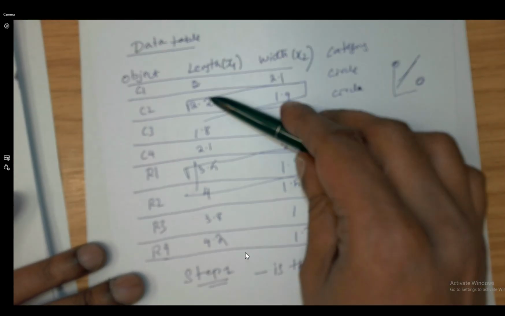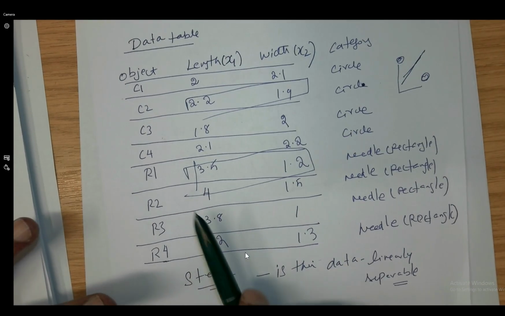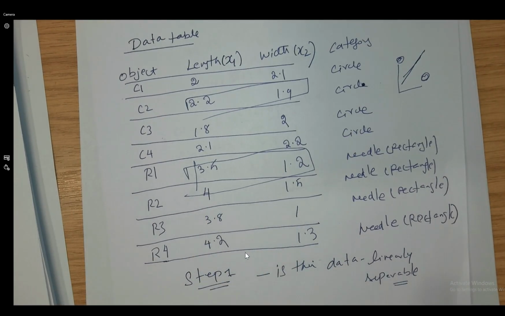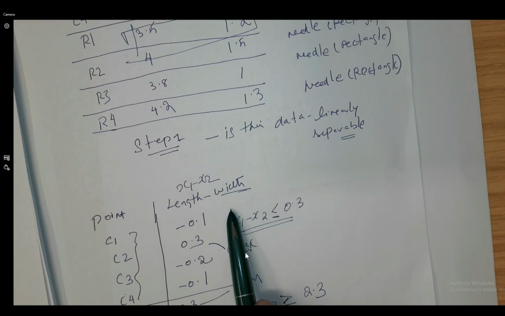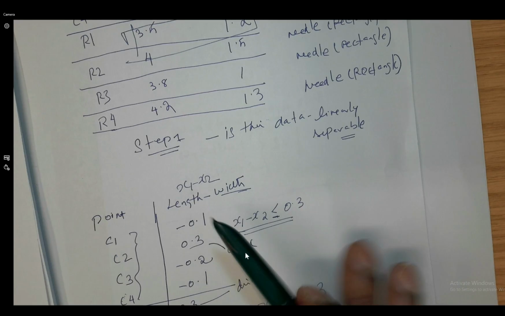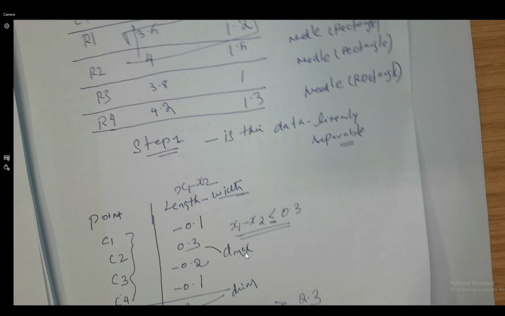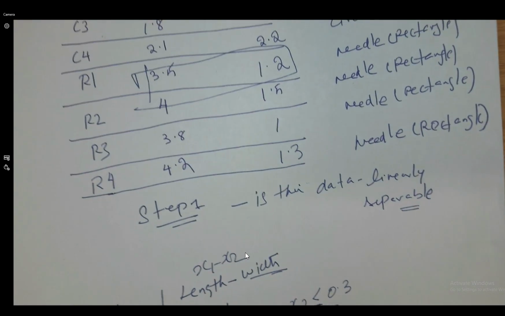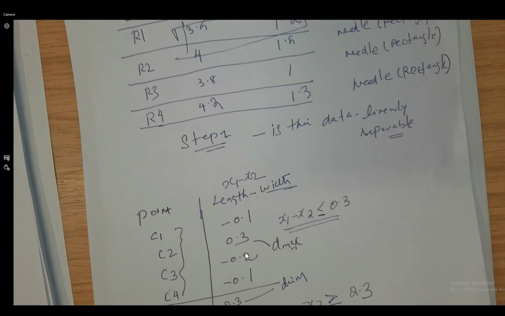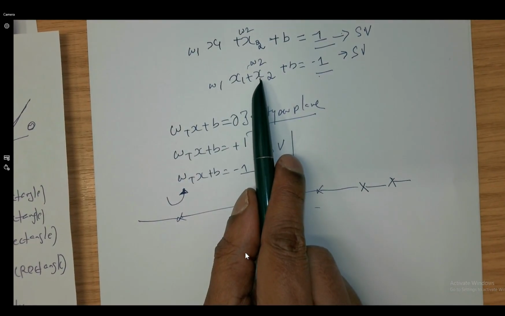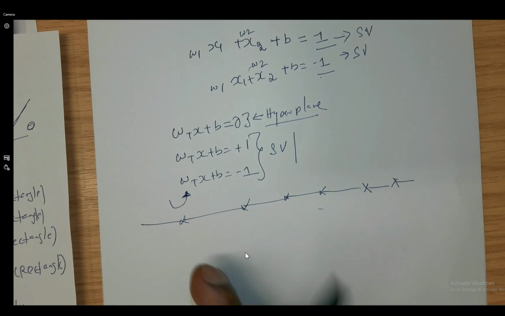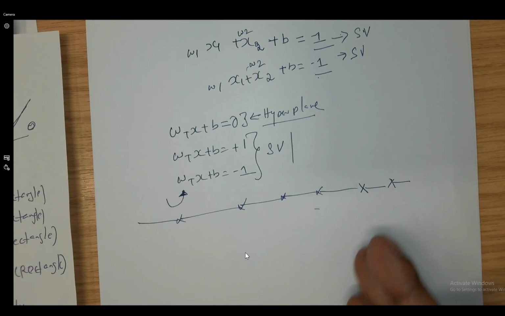From two-dimensional data, we tried to identify the hyperplane, and to get the hyperplane, we played with some of the features by calculating length minus width. From here we converted the equation into an expression that looks like a hyperplane, and then we calculated the corresponding vectors w1 and w2 that ensure the separation between two categories.